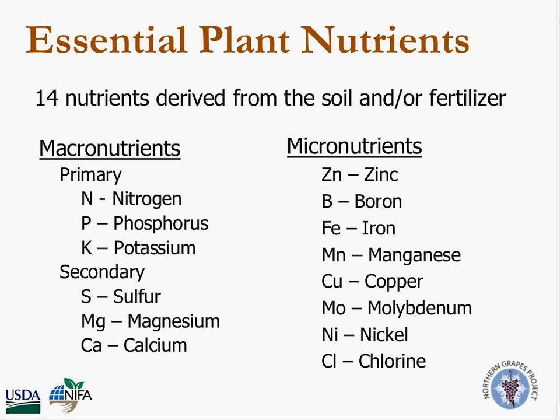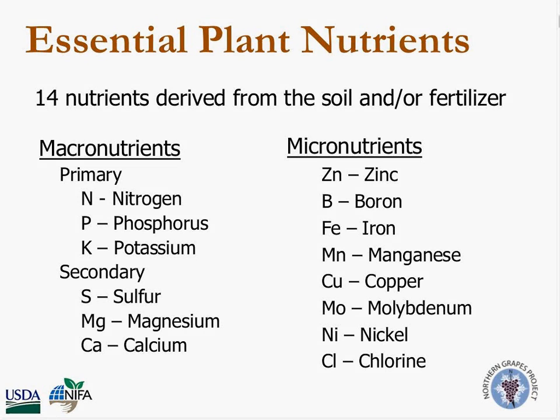In terms of nutrients, or essential plant elements, needed by the grapevines, basically there are 14 that are derived from the soil or fertilizer. We break them into macronutrients and micronutrients. The macronutrients nitrogen, phosphorus, and potassium are the ones needed in highest quantity by the vines. Secondary nutrients sulfur, magnesium, and calcium are also needed in relatively large quantities, but not to quite the degree of the primary macronutrients.